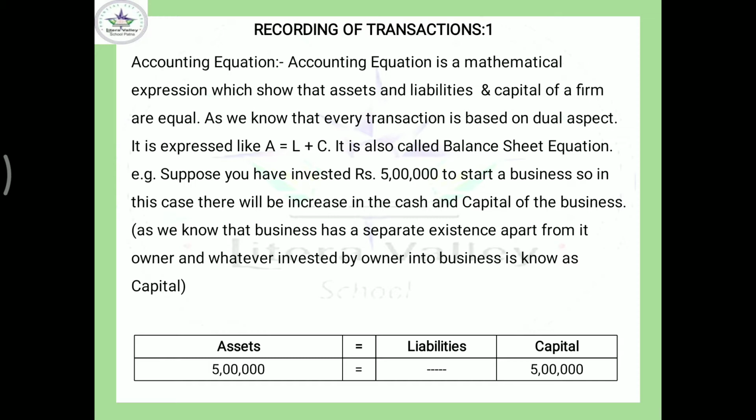It is a kind of mathematical expression which shows the asset, liabilities and capital of a firm. Asset, liabilities and capital are always equal. Asset is always equal to liabilities plus capital.